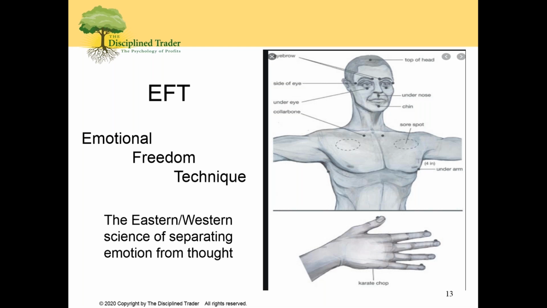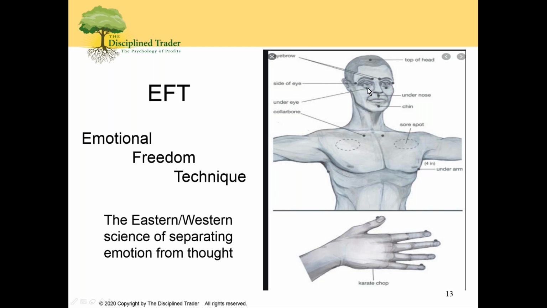Okay, it is an Eastern and Western science of separating emotion from thought. You're reciting things in a conscious way that goes into your subconscious mind, because at the same time you're doing something Eastern, and that's using your fingers, which have energy points, what they call meridians, and then you tap certain areas.